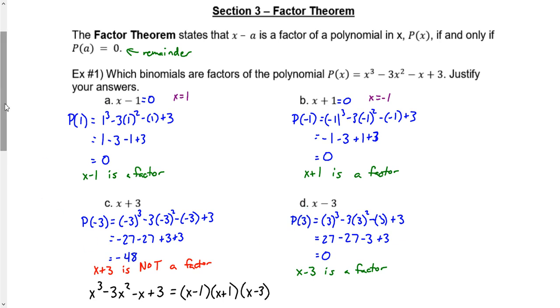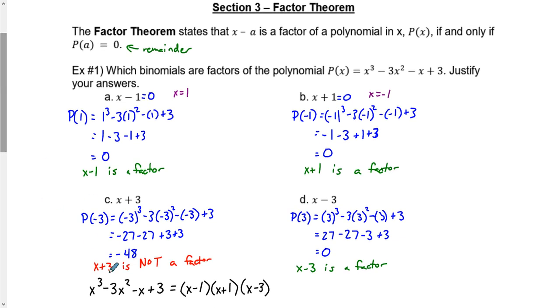If we remember back to our section 1, we talked about how, because x cubed, is going to have to be an x multiplied by an x multiplied by an x. To get that constant term of 3, well, we'd have a -1 multiplied by a -1 multiplied by a -1. To get that highest power, we multiply by the first term, so the x's. To get that constant term, we multiply the constant term of each of our binomials. And it comes out as positive 3.